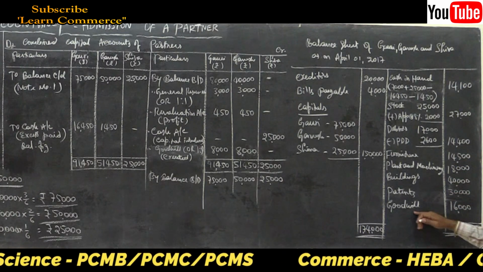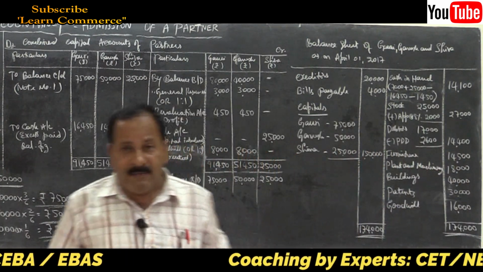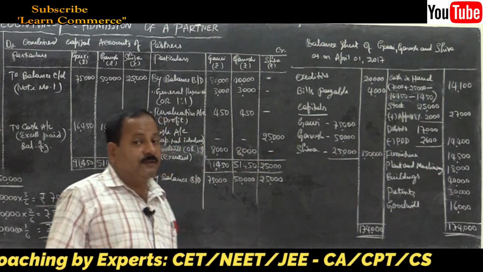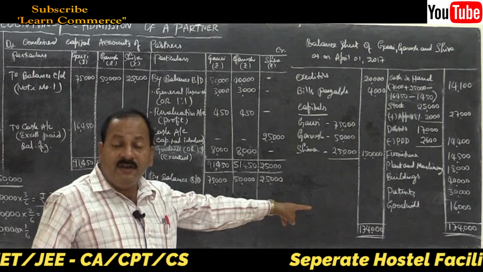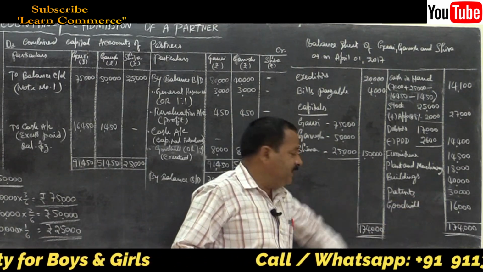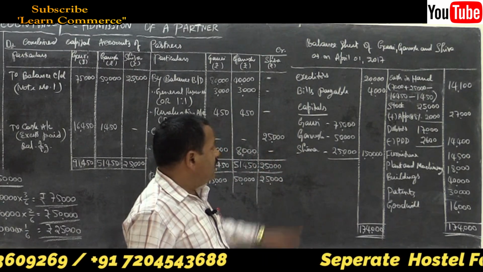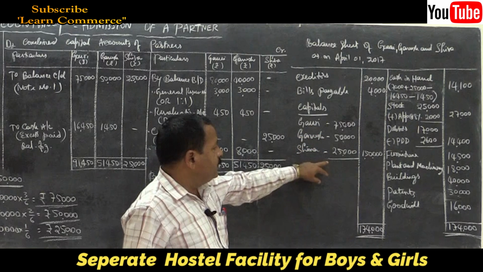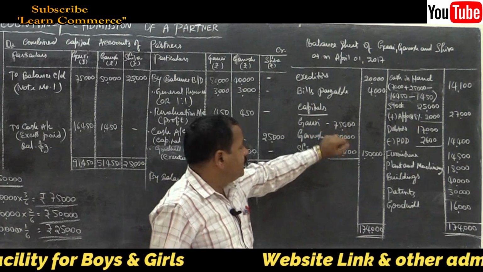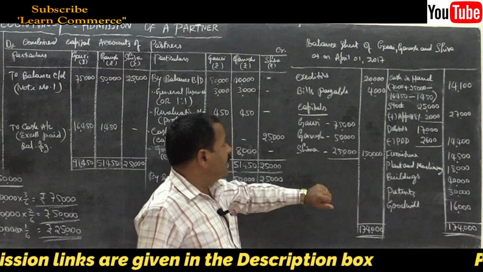Write one more asset here. When we follow the third method, when we create goodwill in the books of the firm, goodwill will appear in the balance sheet. I told you earlier, right? So goodwill 16,000. And capitals you already wrote: Gauri 75,000, Ganesh 50,000, Shiva 25,000.